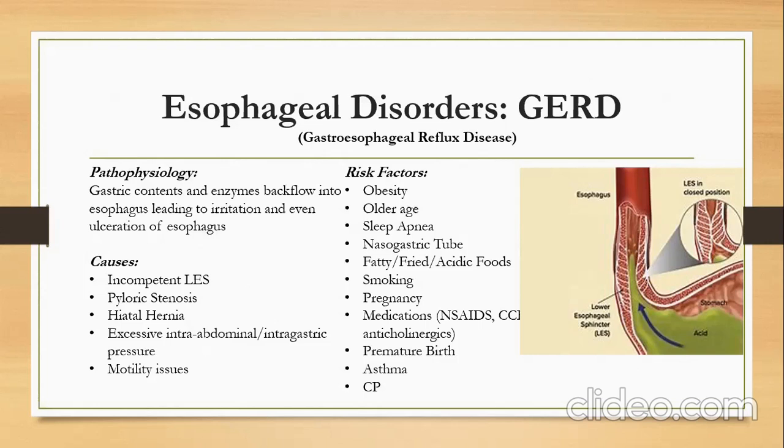Excessive intra-abdominal or intragastric pressure, meaning pressure inside the stomach or around the stomach, just in the abdominal cavity. So that could be a pregnant woman. Your stomach's all pushed up all the way up into your chest to make room for your baby. It could be an obese person with a big belly and a lot of belly fat.